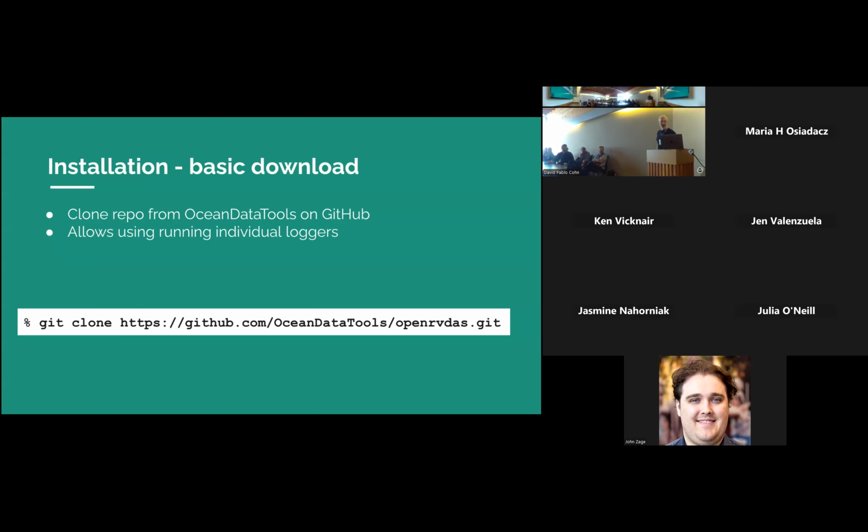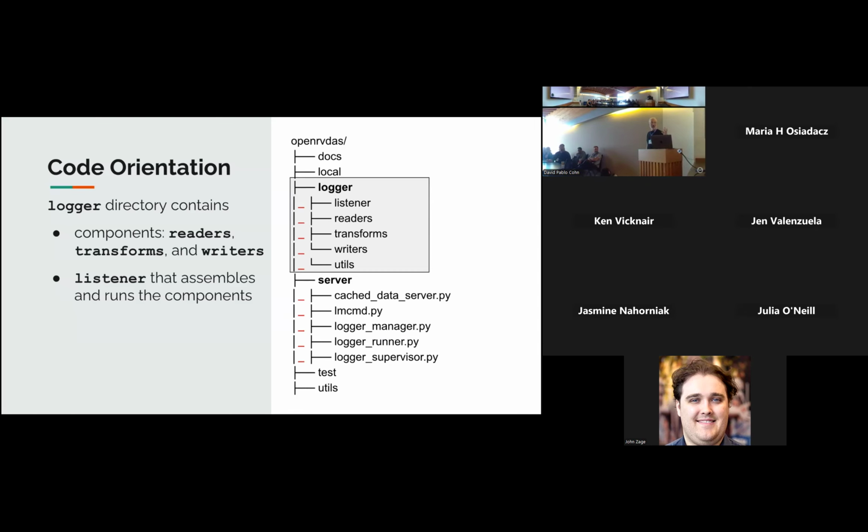Let's dive in. As I said, the basic core of OpenRVDAS is this logger, this thing that reads data, transforms, writes it. Think of it as a single Python process, a script. Now, to start using OpenRVDAS, all you need to do is grab a copy from the repo. If you just want to run the individual loggers, you don't even need to run the install script.